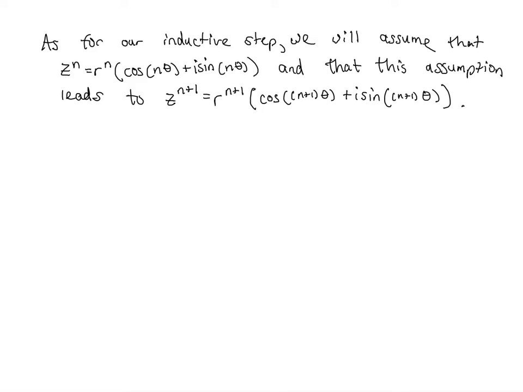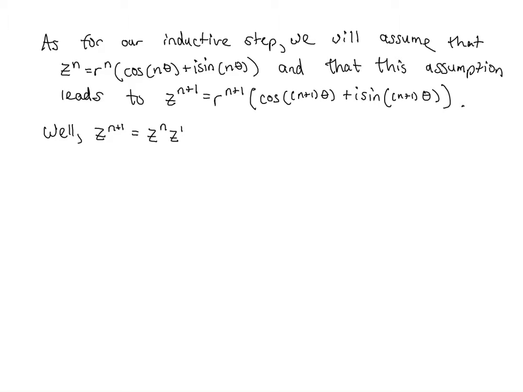Okay, from here, using our assumption, z to the n plus 1, we know that's the same as z to the n times z to the 1. So I'm going to use our assumption of z to the n and our original assumption of z.